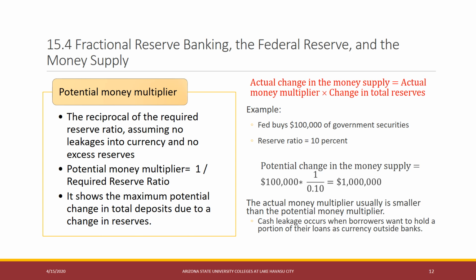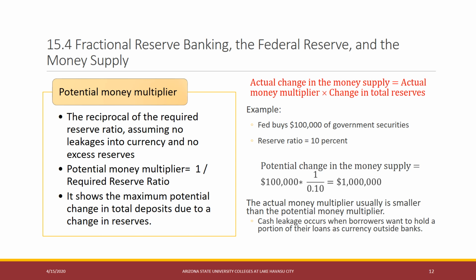What happens if the entire amount of the loan from the depository institution is not redeposited? When borrowers want to hold a portion of their loans as currency outside the banking system, these funds cannot be held by banks as reserves from which to make loans.